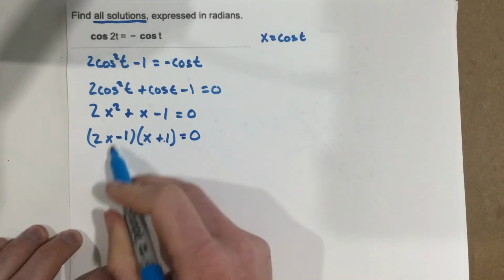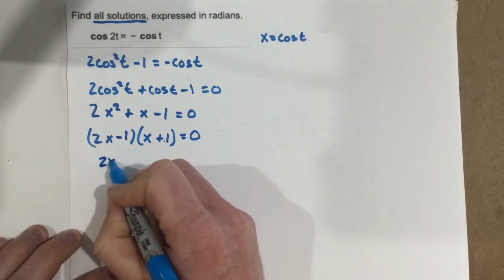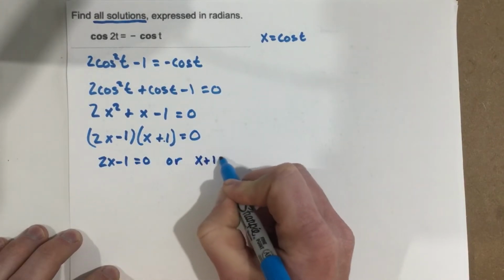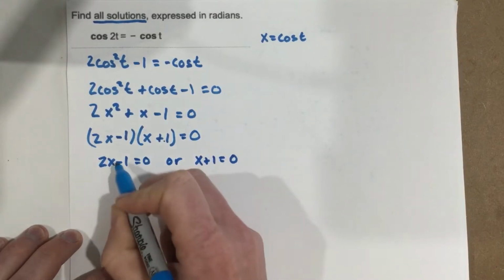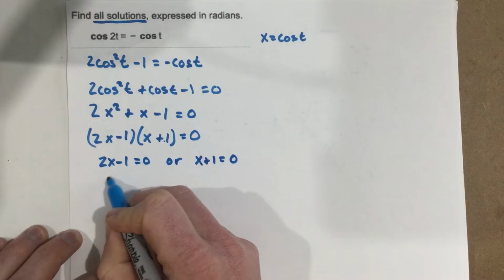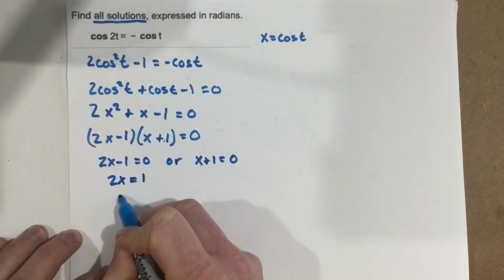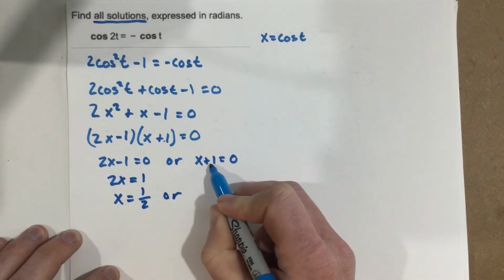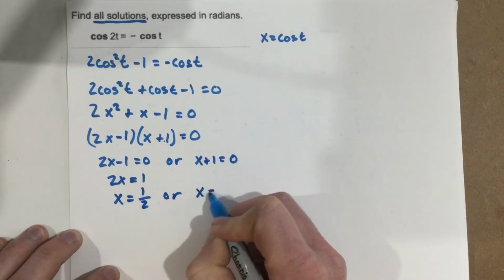Now once I get to this part, I can then say that 2x minus 1 equals 0, or x plus 1 equals 0. Add the 1, divide by 2. So we'll have 2x equal 1, x equals 1/2. Or subtract the 1, x equals negative 1.